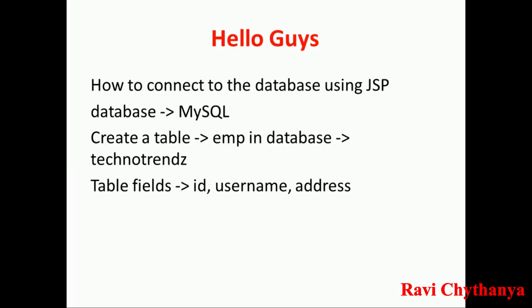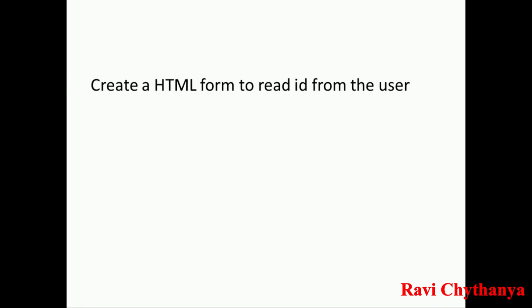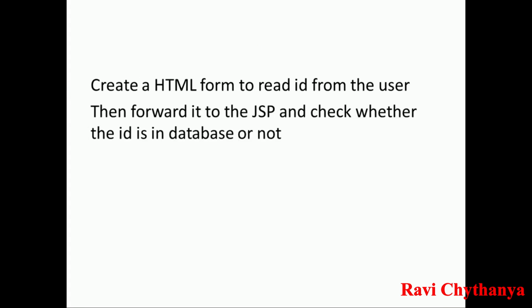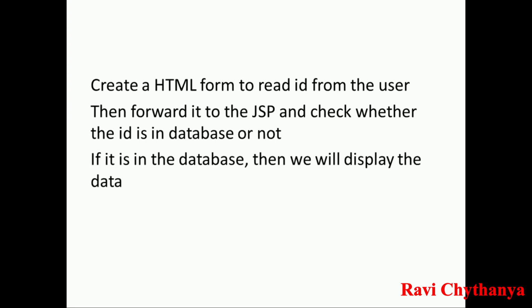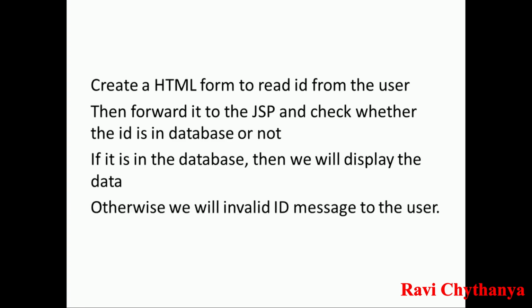Create an HTML form to read the ID from the user, then forward it to the JSP and check whether the ID is in the database or not. If the ID is in the database, we will display the data of the user. Otherwise we will display an invalid ID message to the user.